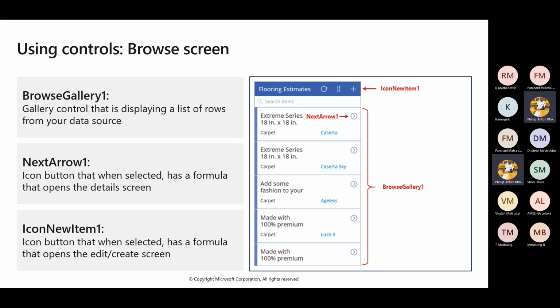And then we have a new item icon. It's right there at the top, so it's not part of the gallery. But this icon plays a huge role in inserting new data. You would also have a formula to say, once I click this, I want to navigate to a new screen, and that new screen is where I'm adding my data.